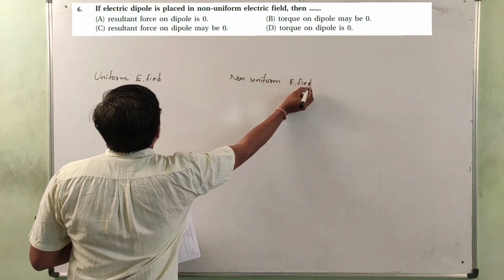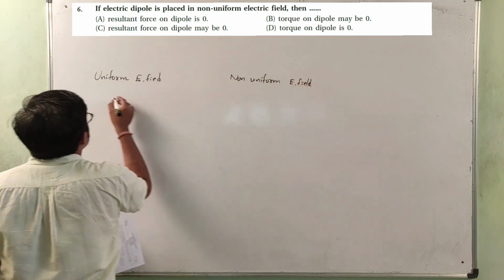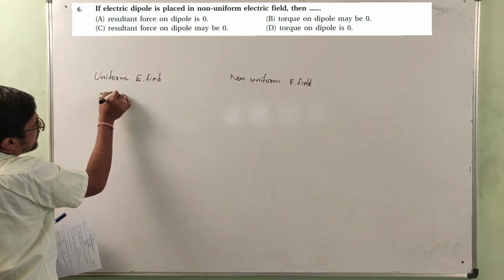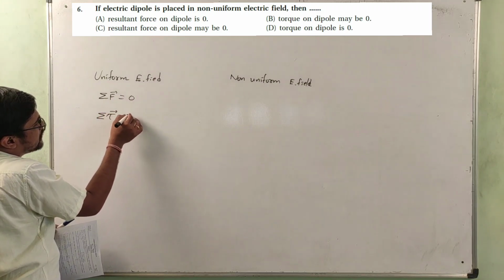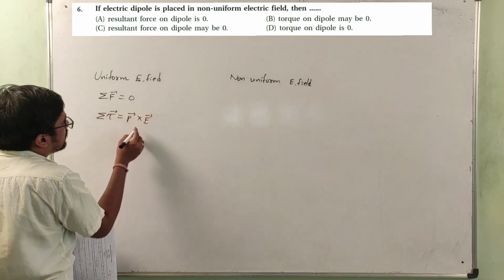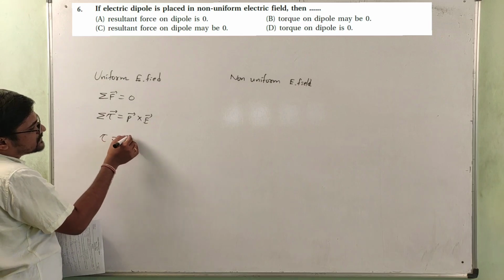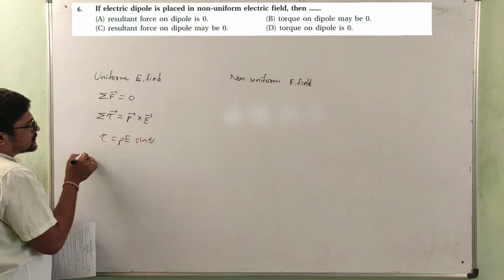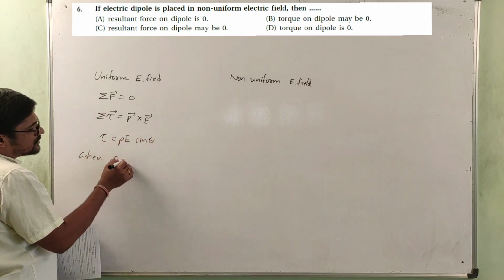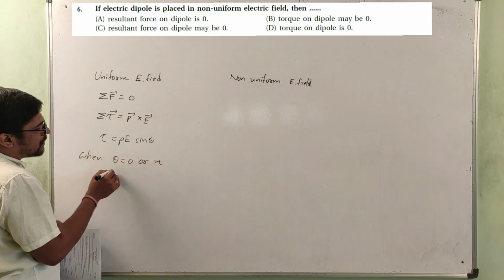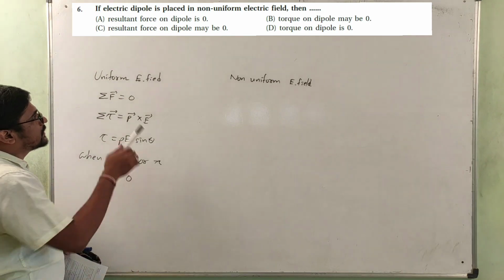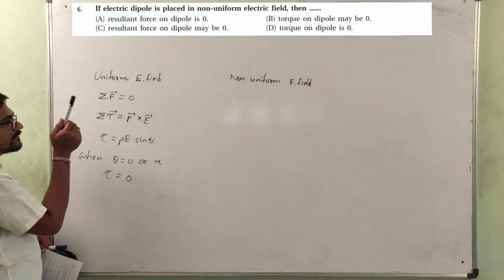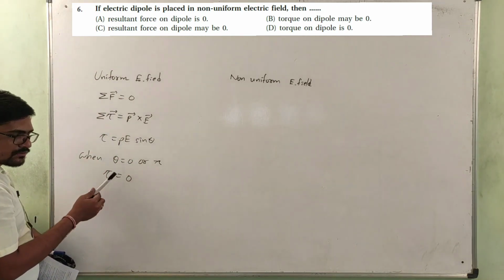If the electric field is uniform, then the resultant force acting on the dipole is always 0 and the resultant torque acting on the dipole is P cross E. So the magnitude of torque is PE sin theta. So when theta is equal to 0 or pi, the torque becomes 0. So in a uniform electric field, the force is always 0 and torque may be 0.